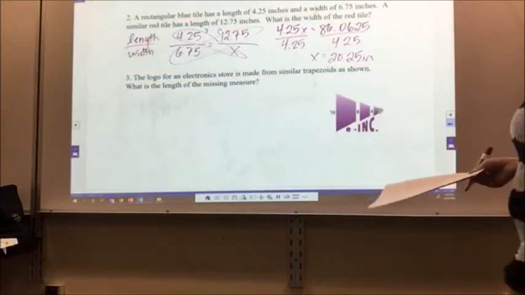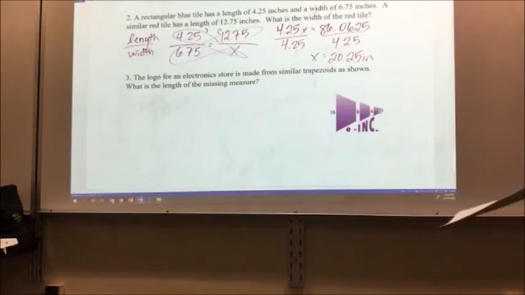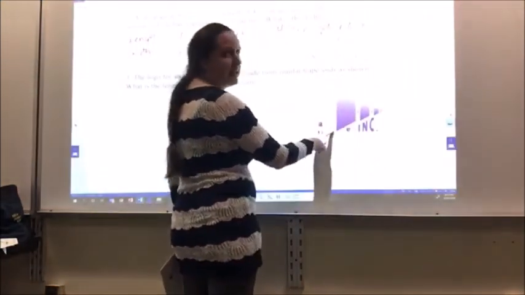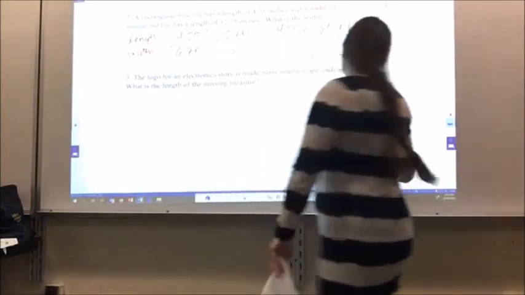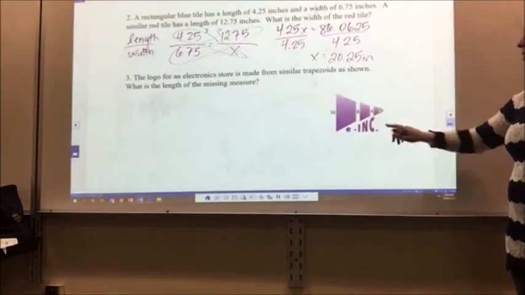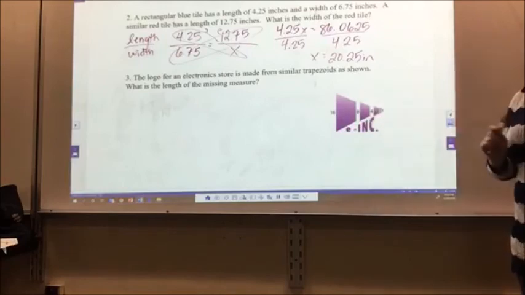Okay? For number 3, the logo for an electronics store is made from similar trapezoids as shown. What is the length of the missing measure? For this one, the bottom base is 16, the top base is 8, then the bottom base is 8, top base is 4, bottom base is 4, and I have to figure out the top base.